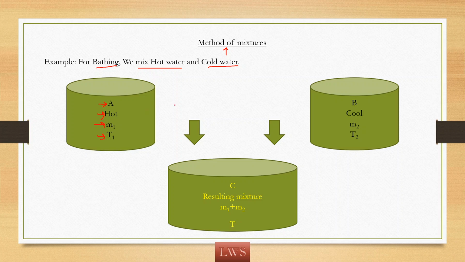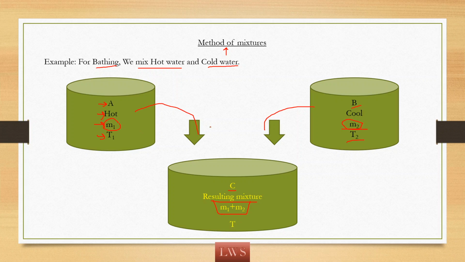So to balance this hotness, I am taking cool water in container B whose mass is M2 and the temperature of T2. See, in the container C, I am mixing both the hot water as well as the cool water so that this resulting mixture of hot and cold water is now having a total mass of M1 plus M2, because hot water I am taking for M1 mass and cold water I am taking a mass of M2, so that the total mass is M1 plus M2.